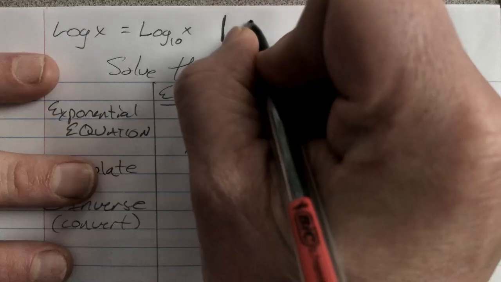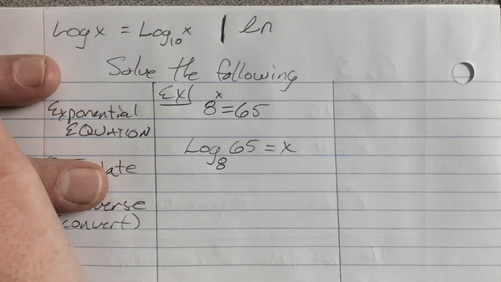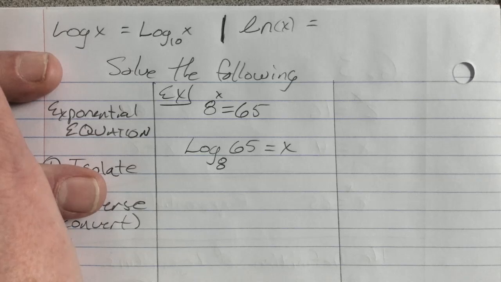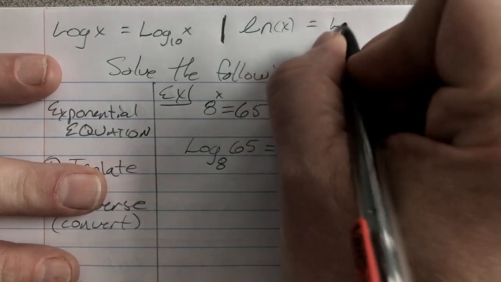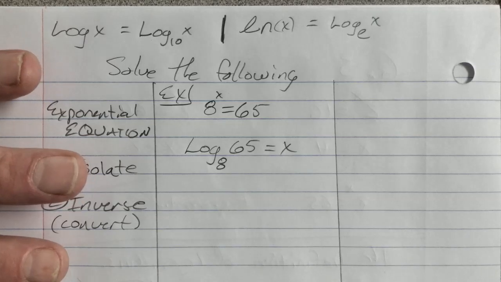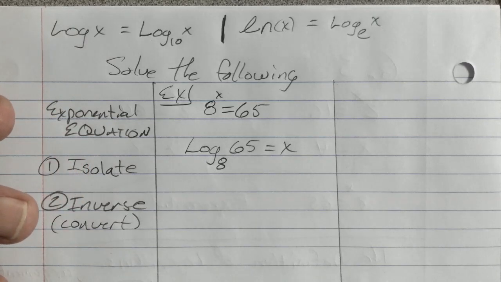All right, anyways, if I see ln of x, that ln stands for log base e of x. Do you recall when we learned about e yesterday? e is called the natural number. Euler's constant is called the natural number. That's its nickname. So the natural number is why we call this the natural log.